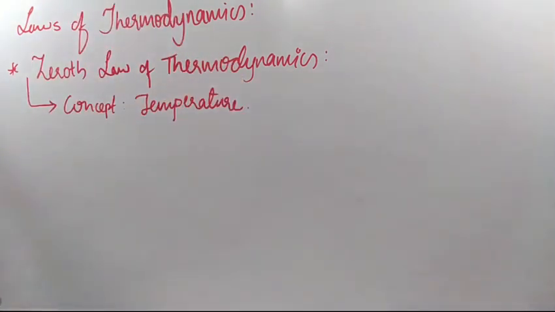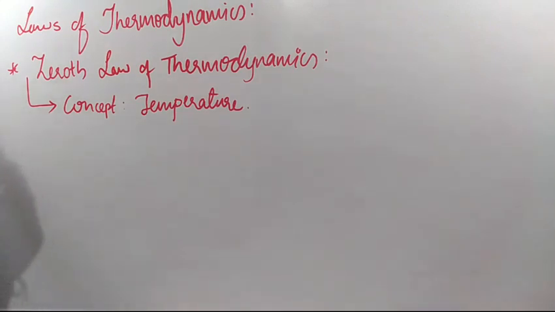If they ask in a 1-mark question, you should write temperature. They will ask directly: what is the significance or importance of the zeroth law, what is the concept behind it? The concept is temperature. It signifies the value of temperature. It gives the importance of temperature.